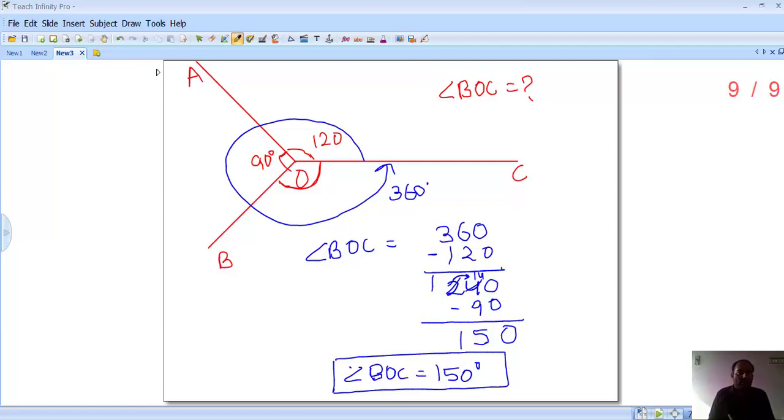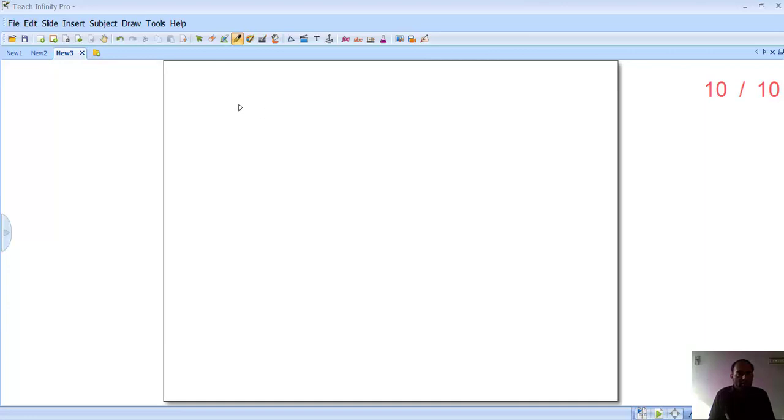And now let's take one more and then we will finish this chapter. This one is given, this and this.